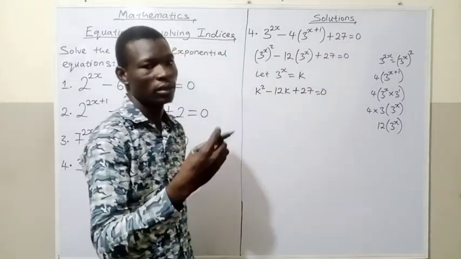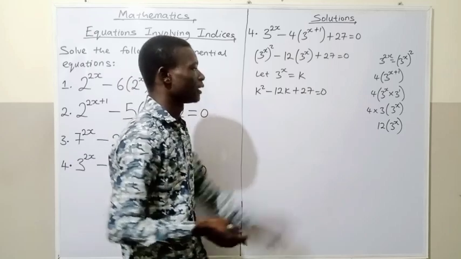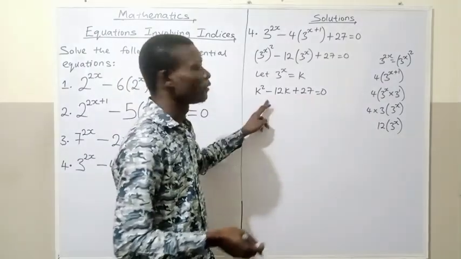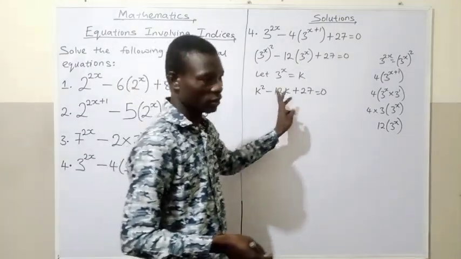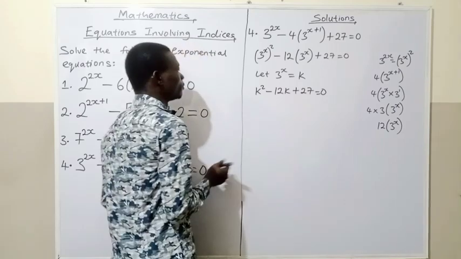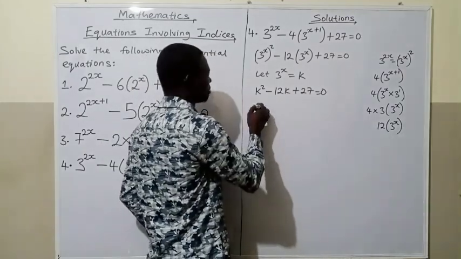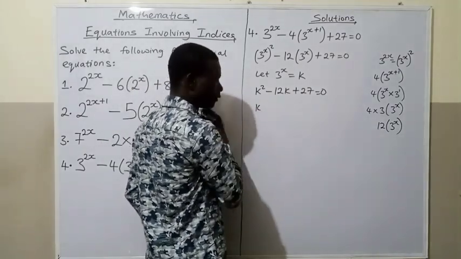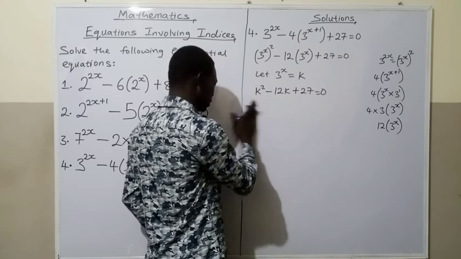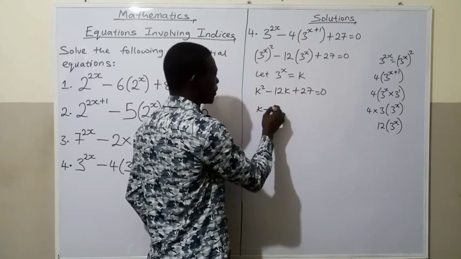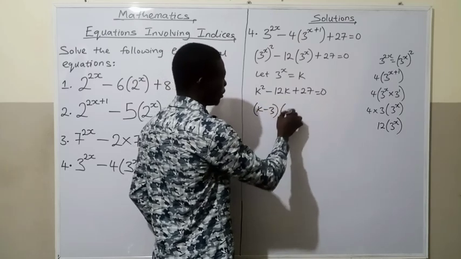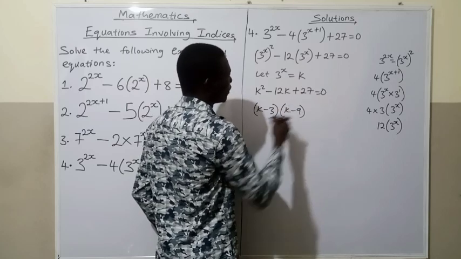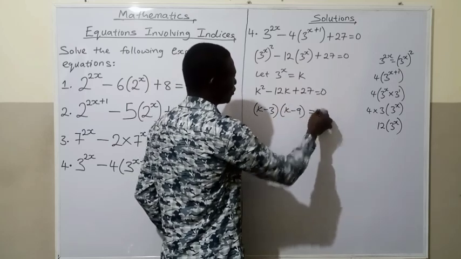Because -3, -9. -3 times -9 is positive 27. -3 plus -9 will give me -12. So when I factorize, if you follow my steps for factorization, what I'll be having is k minus 3 in one bracket, and then k minus 9 in the second bracket. That's going to be equal to 0.